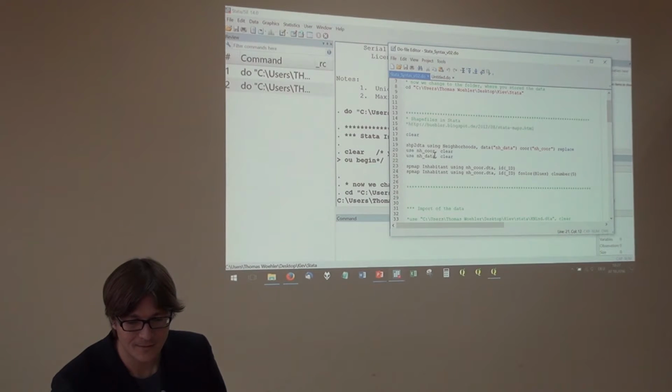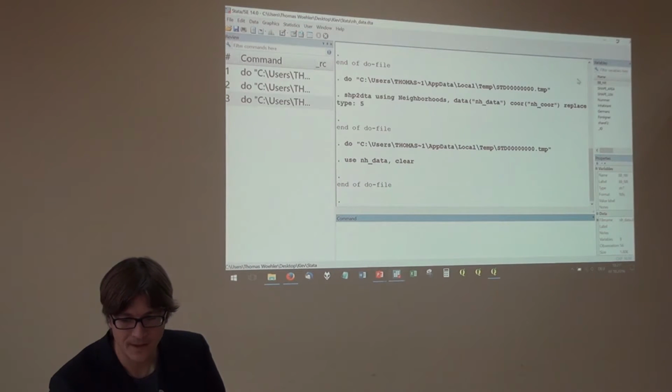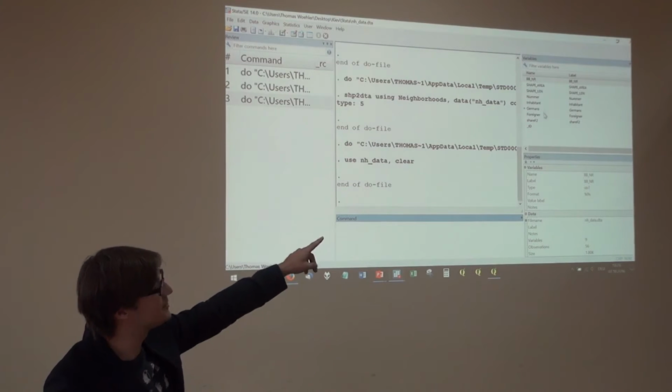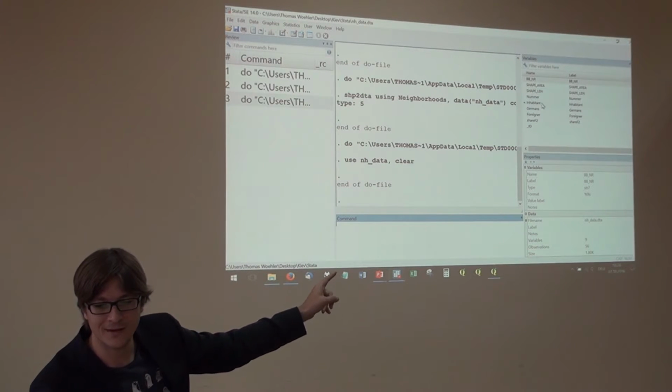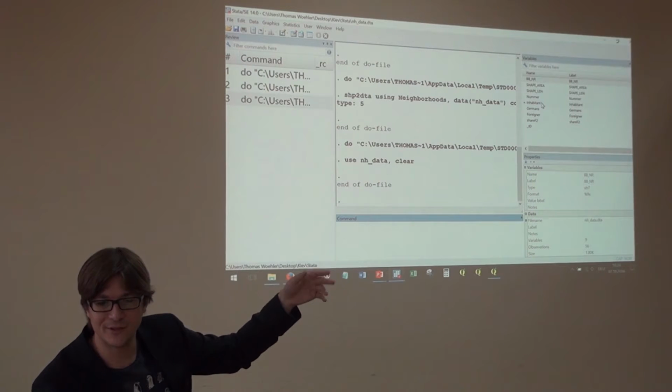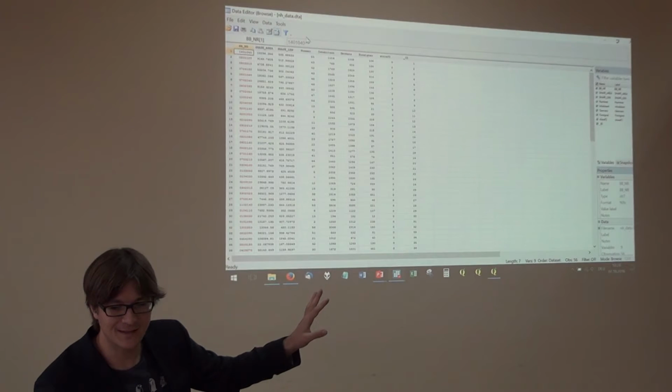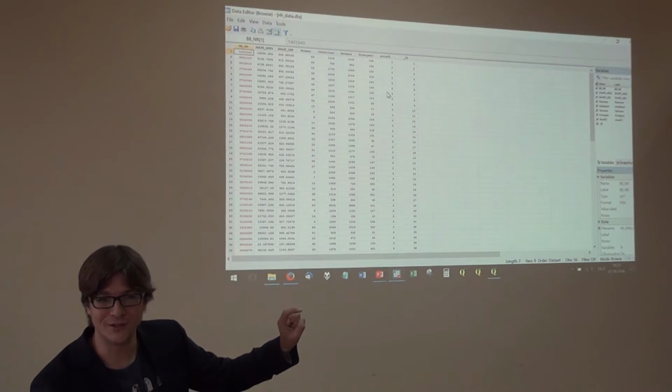One is a data set of the attributes, which, you might remember on the right, is just the fields that we had before: neighborhoods, inhabitants, Germans, foreigners, and the share of foreigners. That's exactly what we had in our QGIS program.